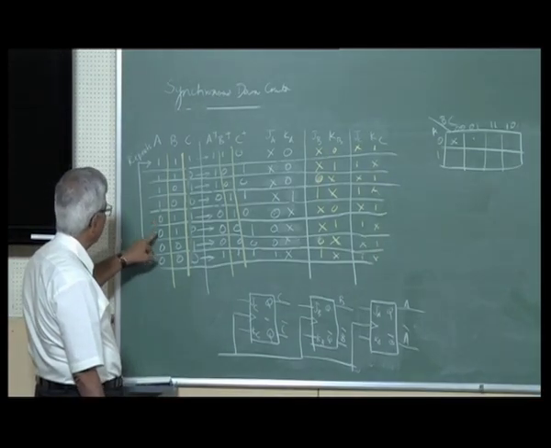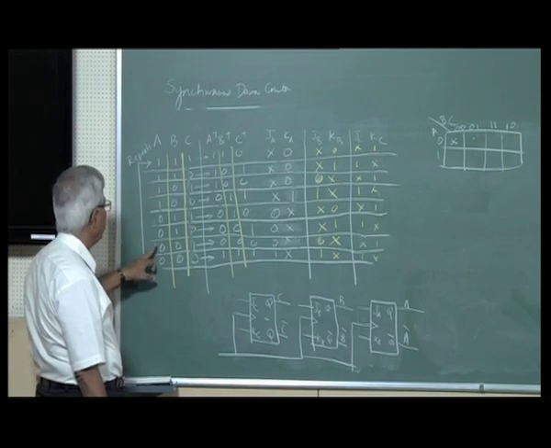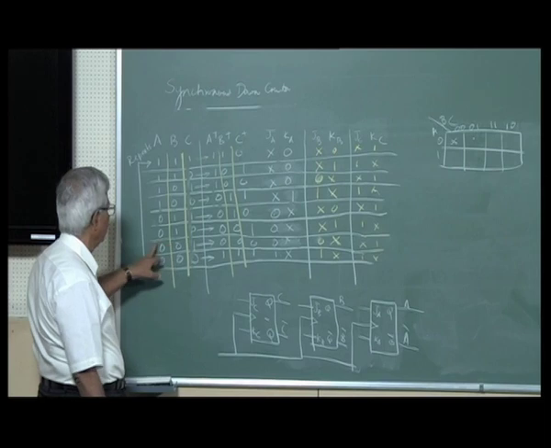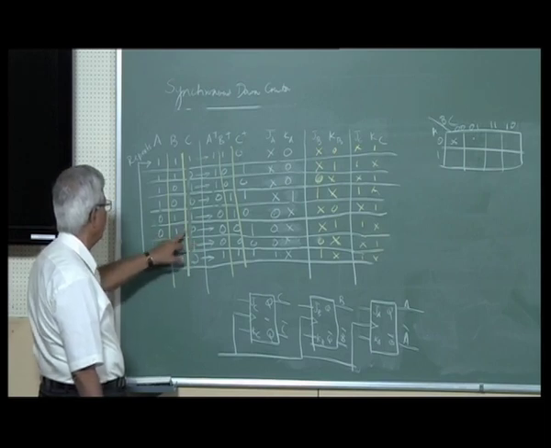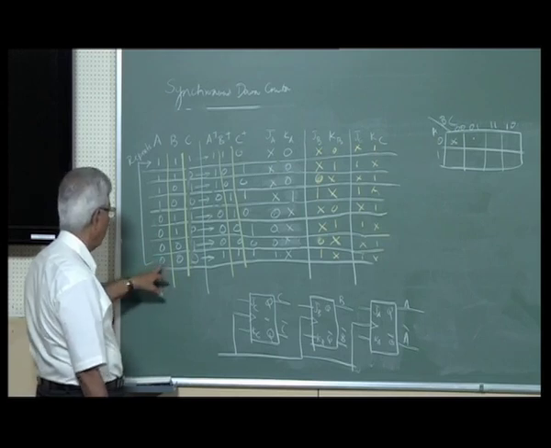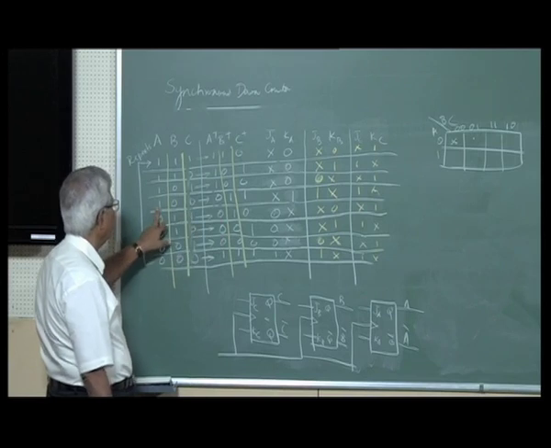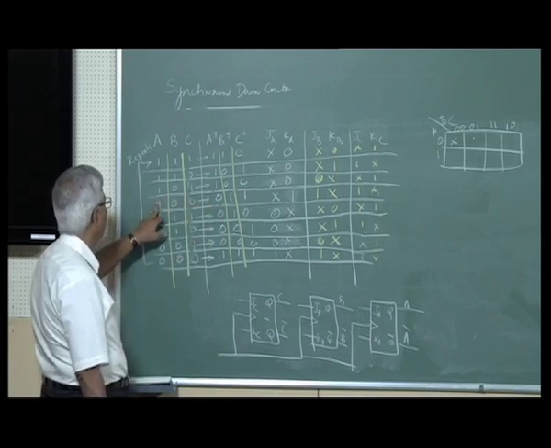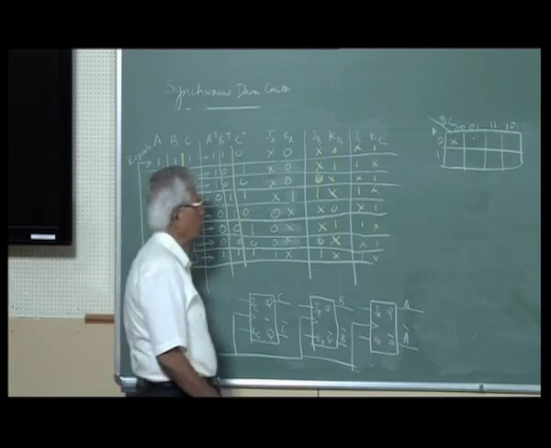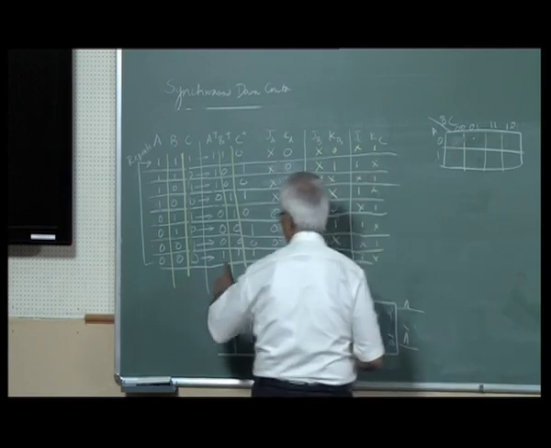This is 0, ABC 0 0 0, 0 0 1, 0 1 0, 0 1 1. So it is the reverse order now. So I will have to start from here and 1 1, and then it will become 1 0 0, 1 0 1, 1 1 0, 1 1 1. So it has to be reverse. That means I have to start from here.